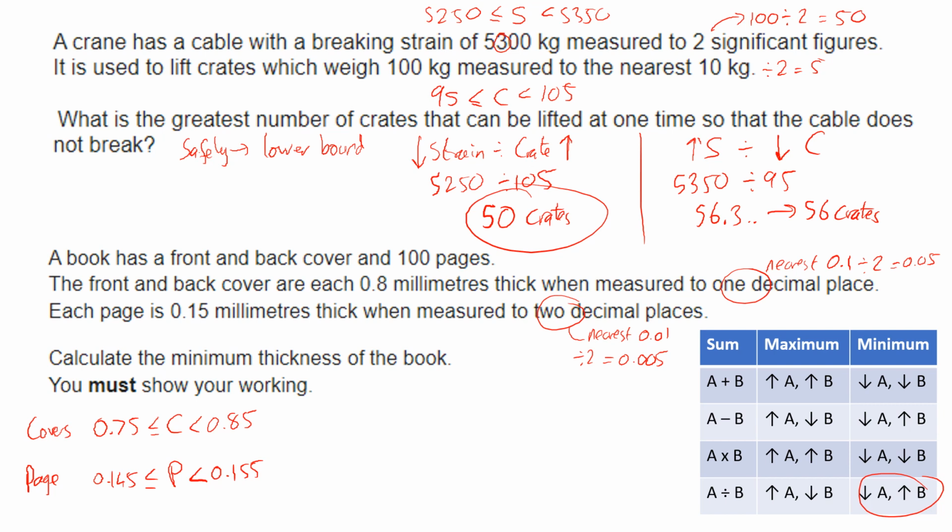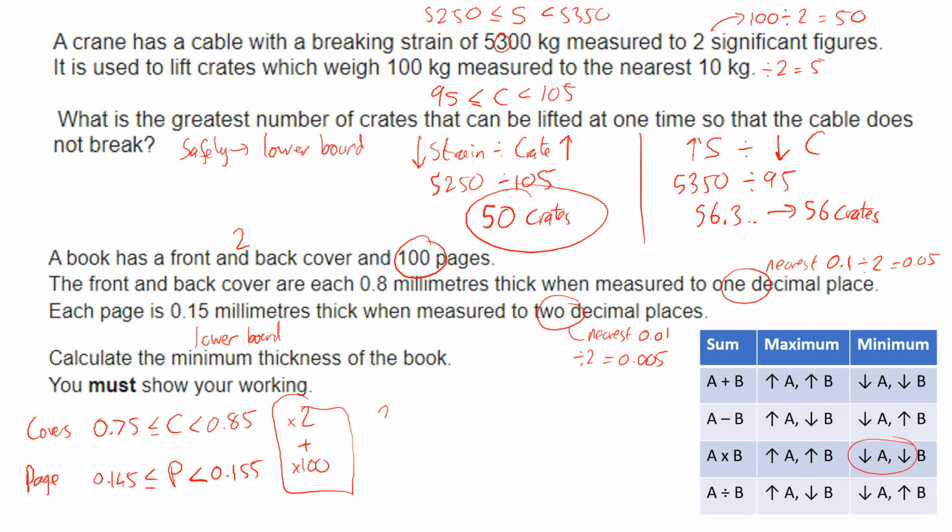We want to calculate the minimum thickness of the book. That is very definitely a lower bound for how thick the book is. There are 100 pages, there are 2 covers, so we'd want to multiply this by 2, multiply this by 100, and then add them together. So if we want to find the lower bound for a multiplication, we're looking for lower bounds of everything.